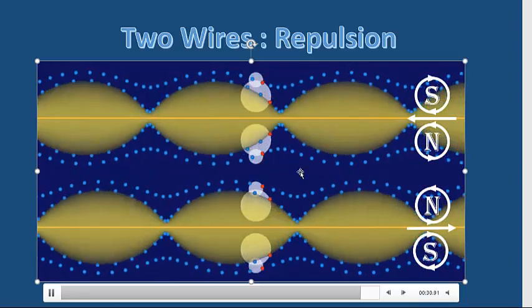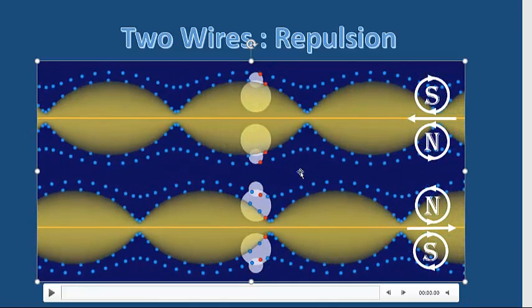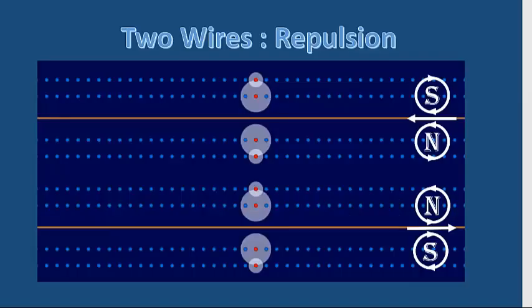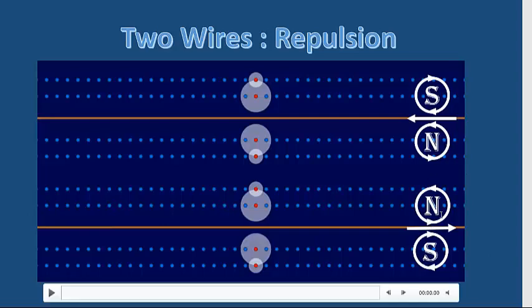And so in this case we can make a prediction and say that, according to Ionel's experiment, where you spin the cylinders in the same direction and you get repulsion, here as well you're going to get repulsion. And this is analogous to having two north poles next to each other. And so obviously that is going to create a repulsive situation.